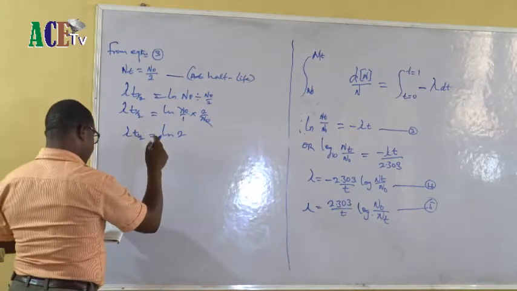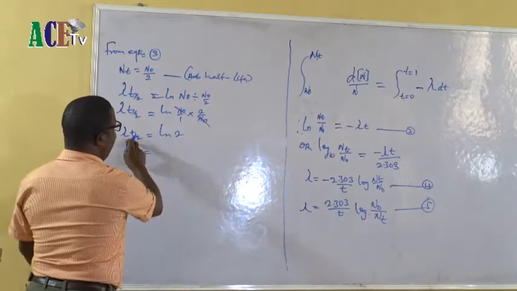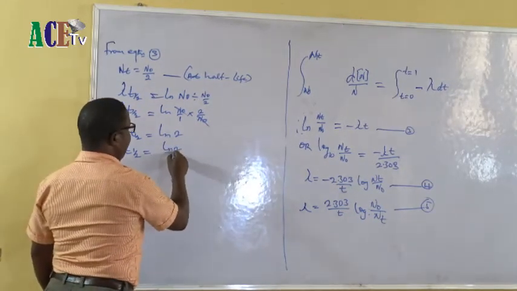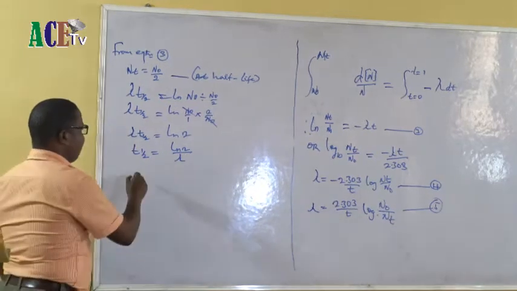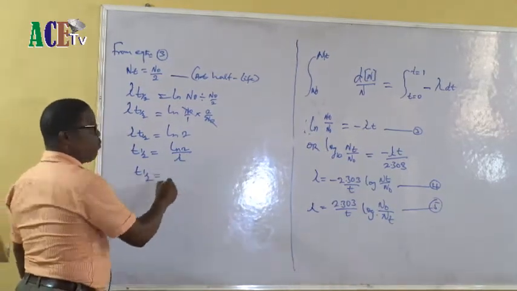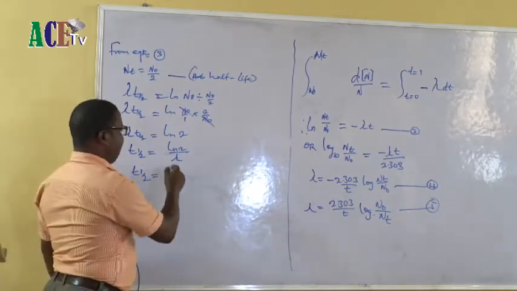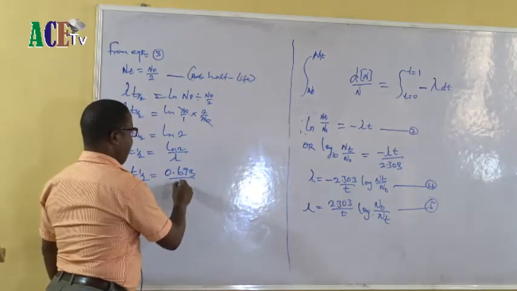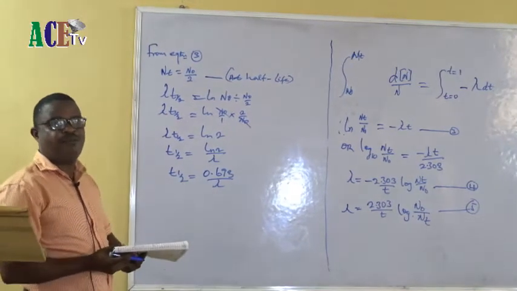Making T half the subject of the formula, T half is equal to ln 2 all over lambda, that is 0.693 all over lambda. So that is the formula for calculating the half-life.